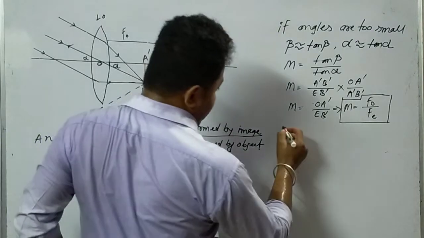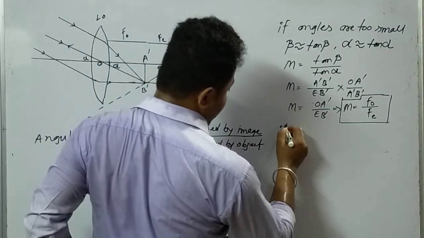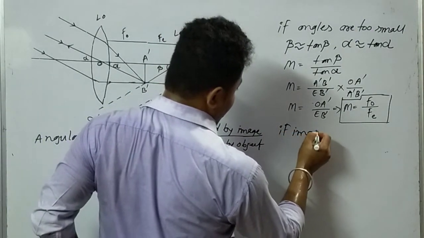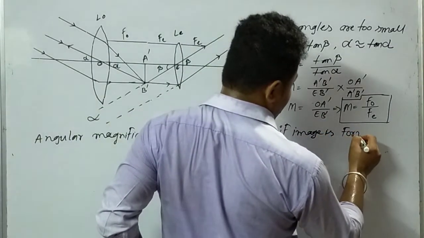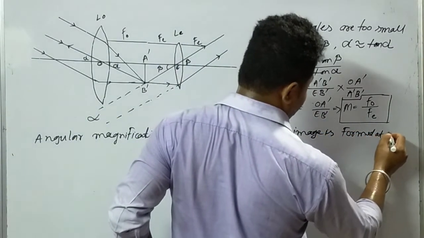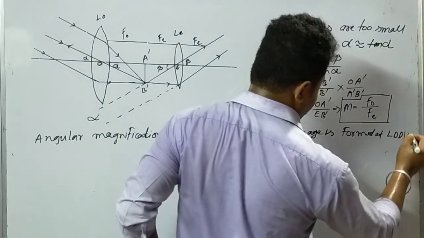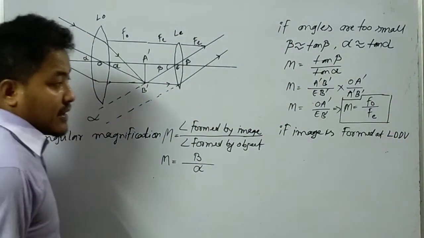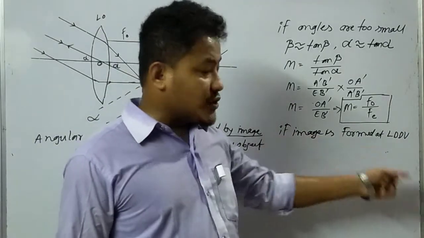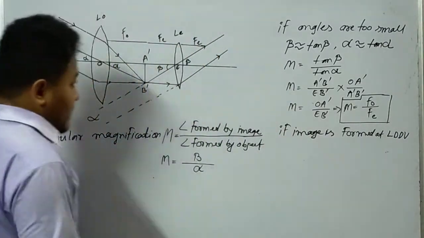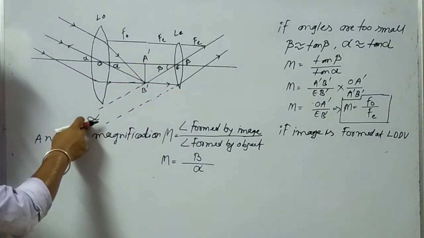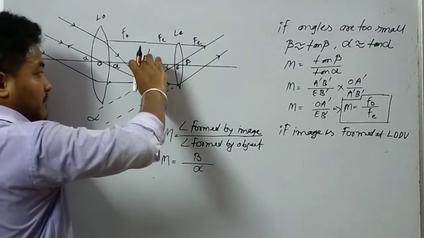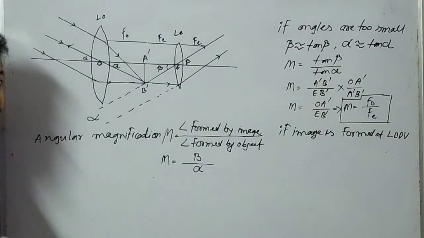If the image is formed at the least distance of distinct vision, mind it, in the earlier case the image was forming at infinity and the object was placed at focus.